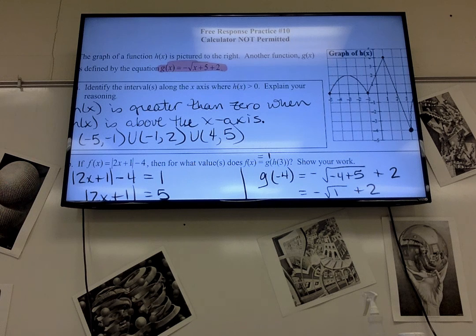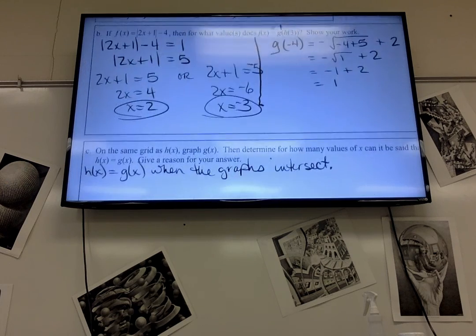If we look up here at g of x, it's a square root. So I've got to know what the shape of the square root is. It's a negative out in front.